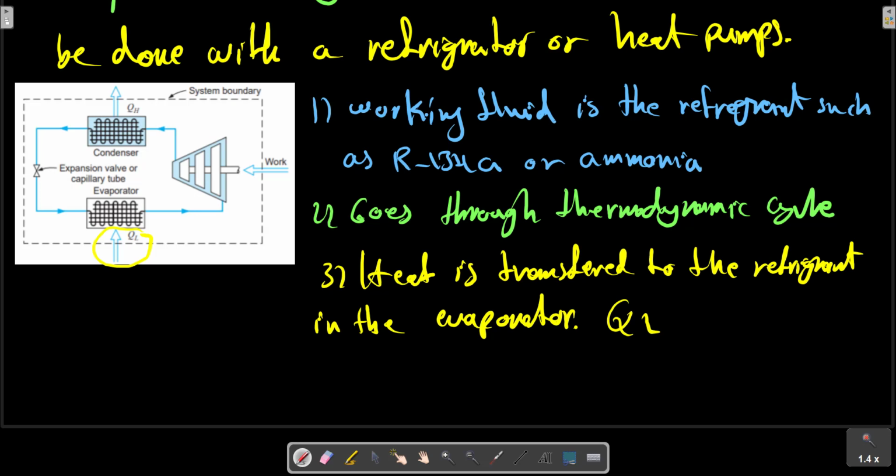Work is done on the refrigerant in the compressor.